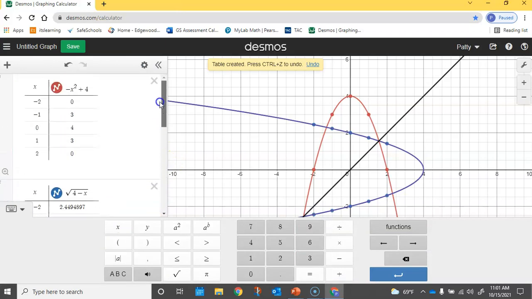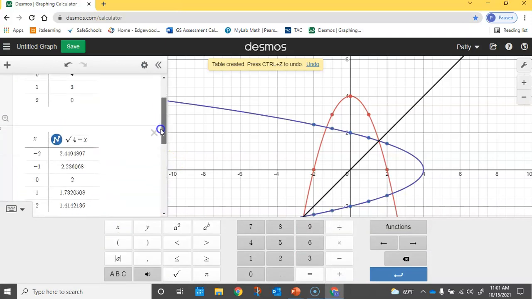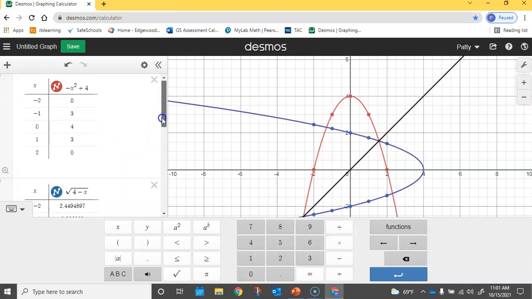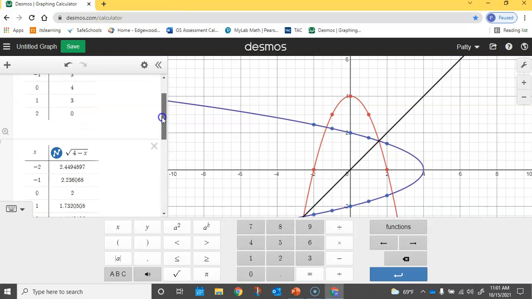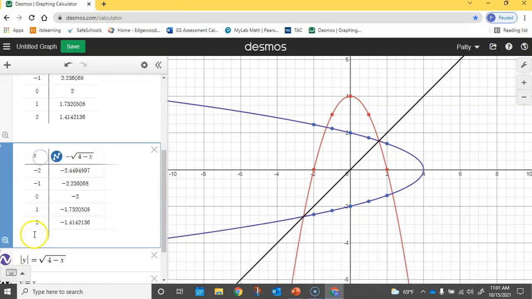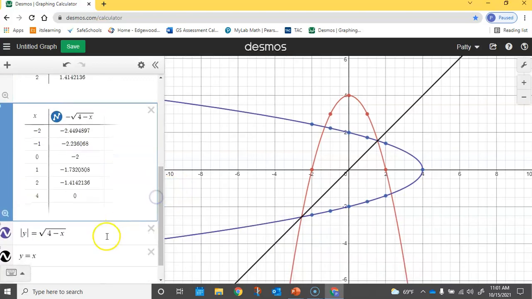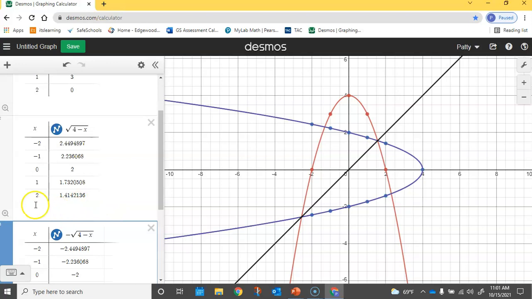Okay, I can compare. So at -2 we have 0, then at 0 we have 2. At 0 we had 4, so at 4 we have 0. So you can see they just switched over those axes.